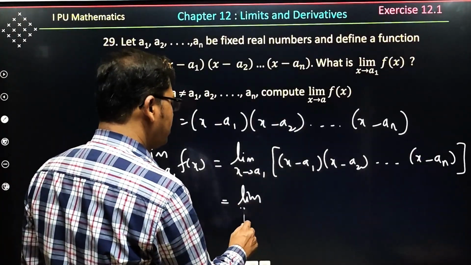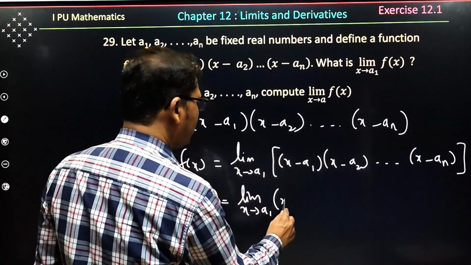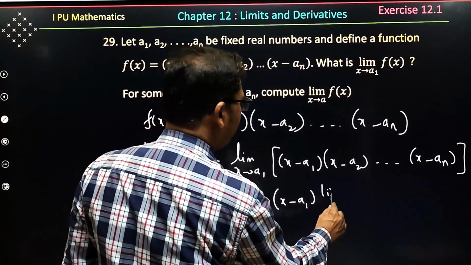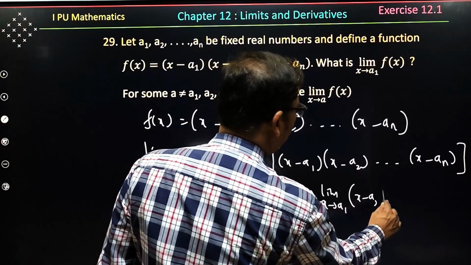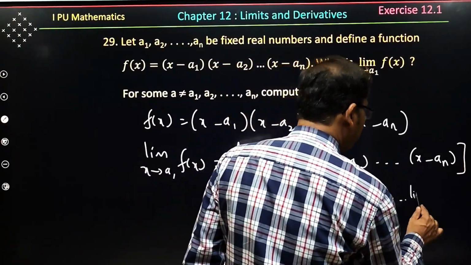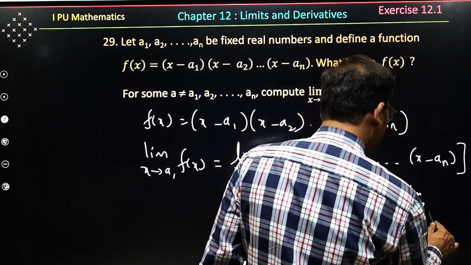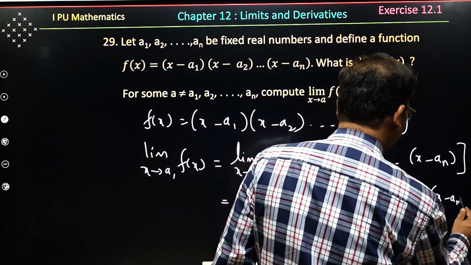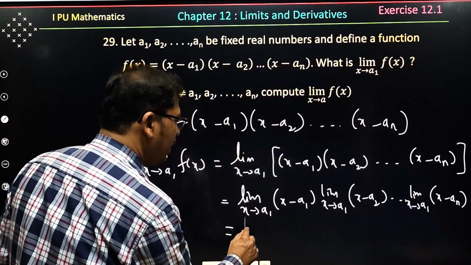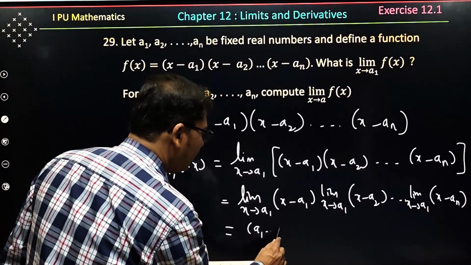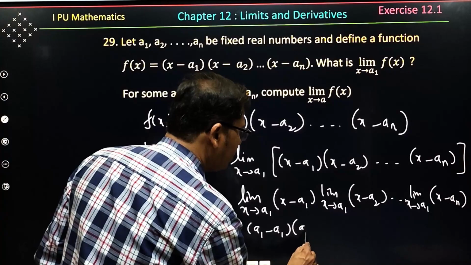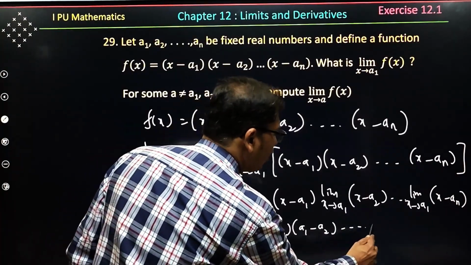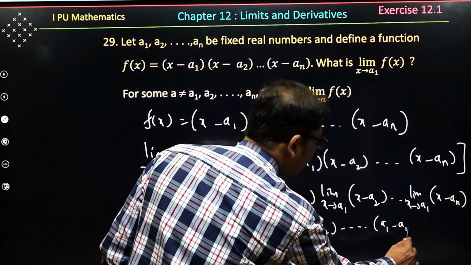So this is limit x tends to a1 of (x minus a1) into limit x tends to a1 of (x minus a2) and so on, limit x tends to a1 of (x minus an). Now substitute the value here. X equal to a1 means a1 minus a1 into another bracket, a1 minus a2, and so on, a1 minus an you can write.